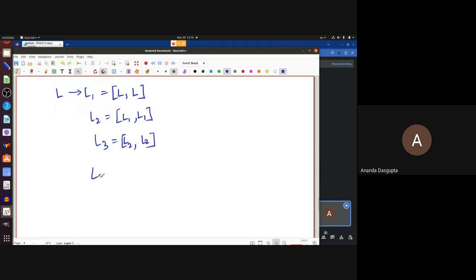In general, you have L(j+1), which is [Lj, Lj]. If you started with L equal to SU(2), then L1, L2, L3, all of them will be SU(2), right? Clear? First time you're essentially doing the same thing over and over again. So if the first time you get SU(2) back, you'll keep on getting it back.